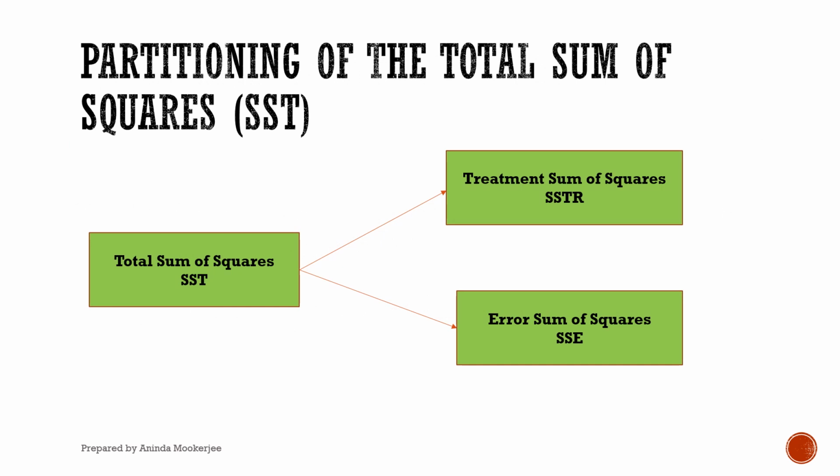So again, here we have in pictorial form the relationship between the total sum of squares, which is equal to SSTR plus SSE. So SSTR plus SSE is equal to the total sum of squares SST.